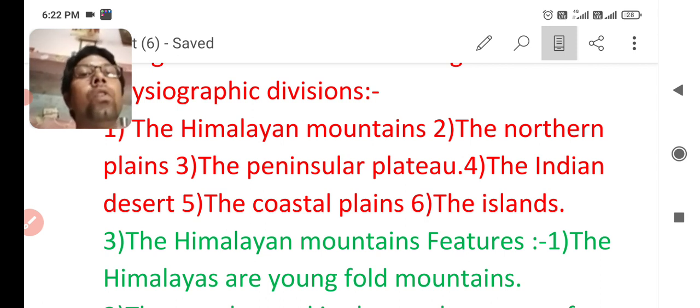After that, we learned the second point, that there are 6 major physical divisions of India: the Himalayan mountains, the northern plain, the peninsular plateau, the Indian desert, the coastal plain, and the islands. Now we are going to read about them separately.